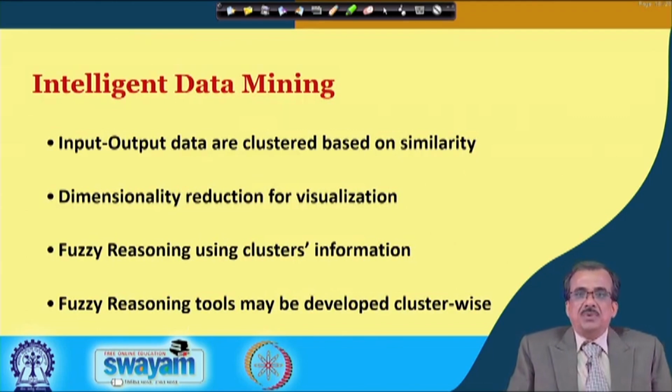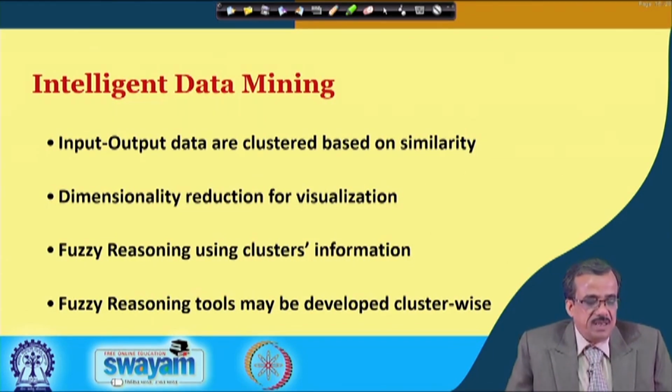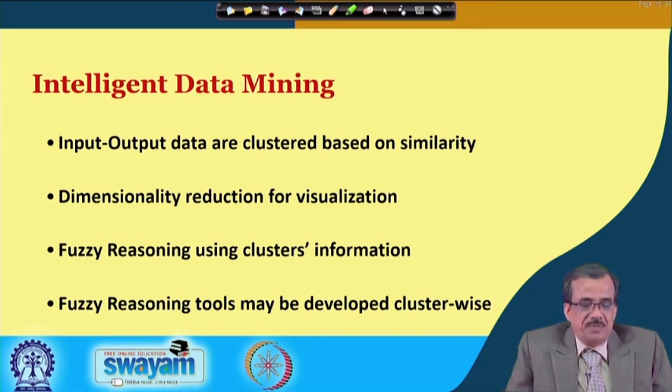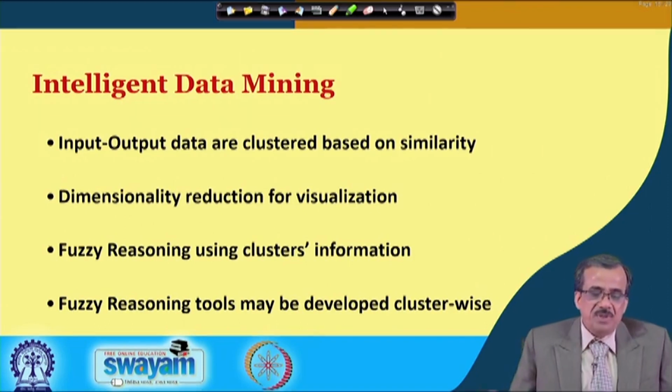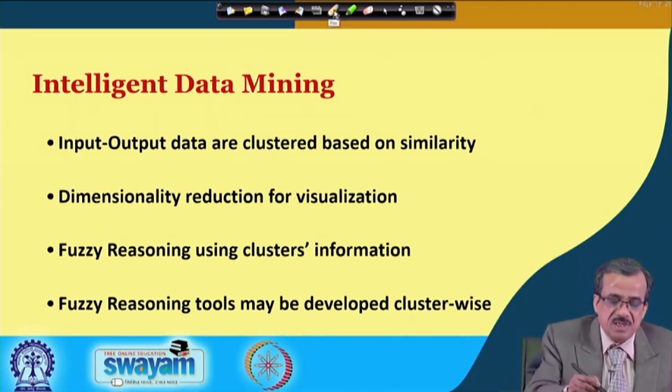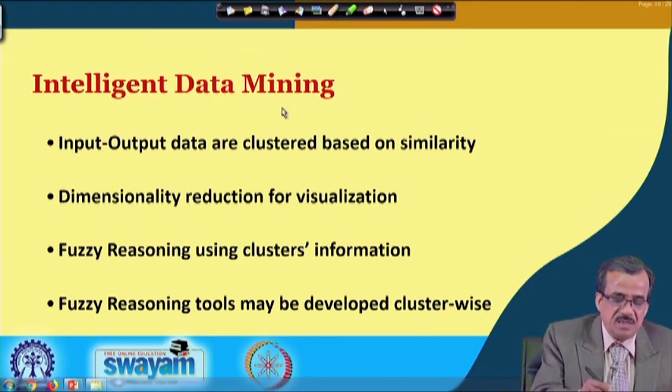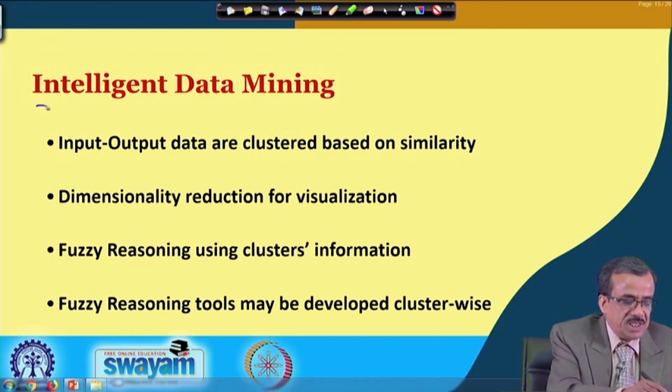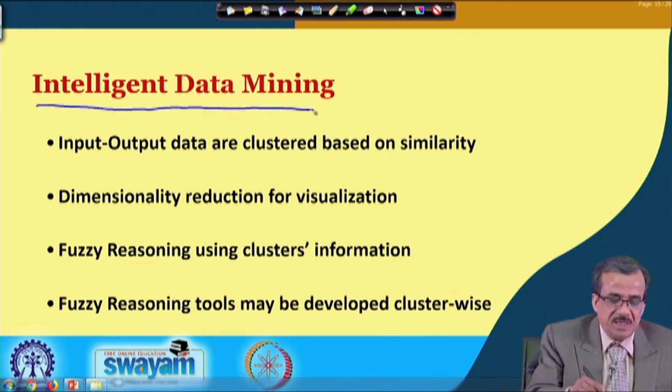Now, I am just going to discuss another area which is very interesting, and we can use the principle of fuzzy logic and neural networks also to develop an intelligent data miner. So, the problem I am going to discuss is intelligent data mining.